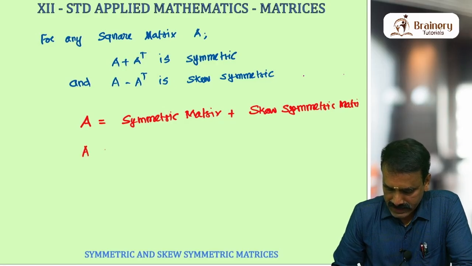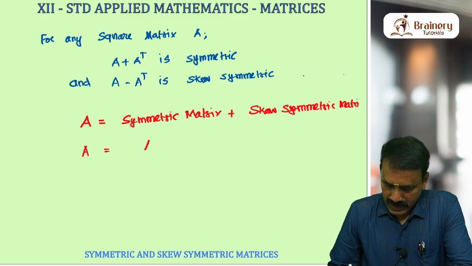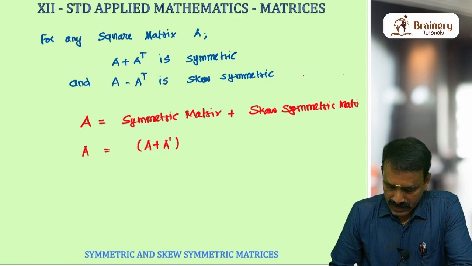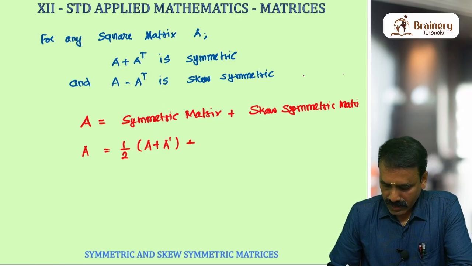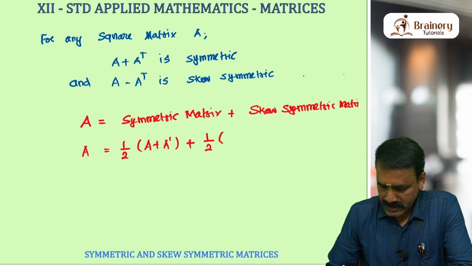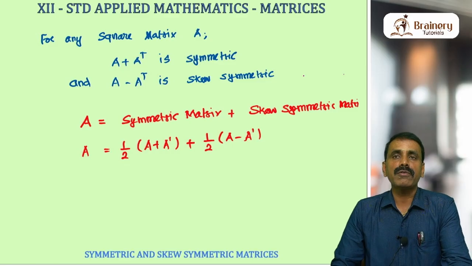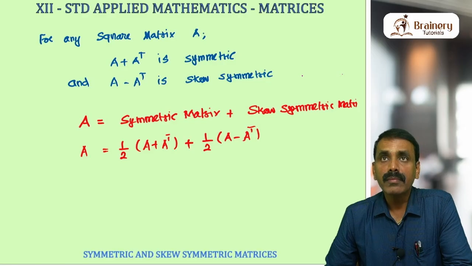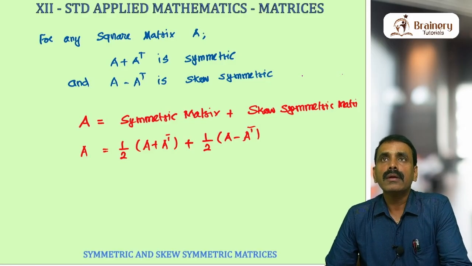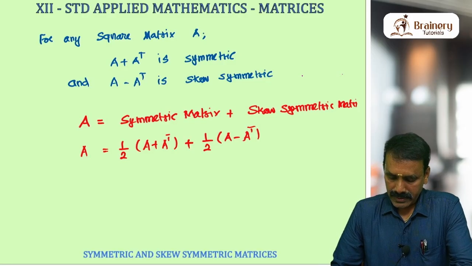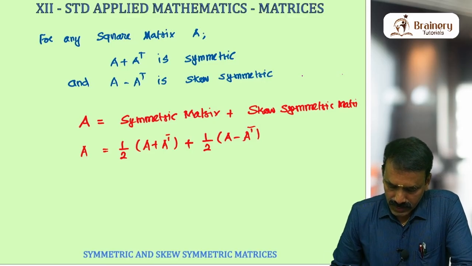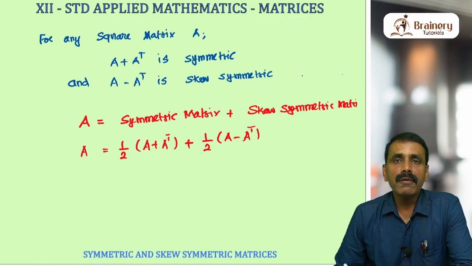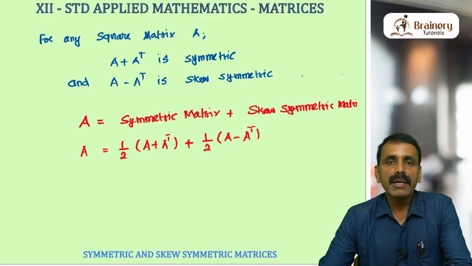So A can be written as, we know that A plus A dash is symmetric, 1 by 2 times A plus A dash, plus 1 by 2 times A minus A dash. A dash is nothing but the transpose of a matrix. Is it clear? So any square matrix A can be written as the sum of a symmetric and a skew symmetric matrix.